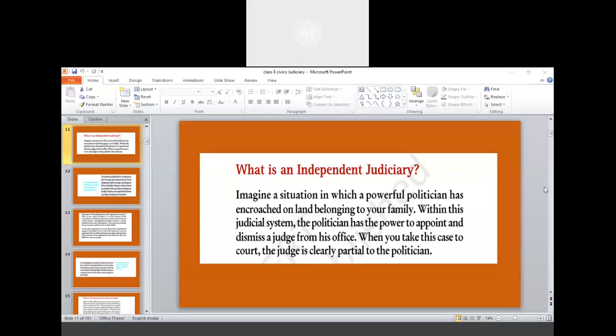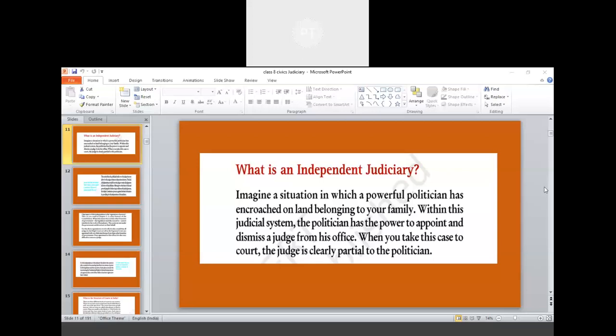So out of the three organs of the government, the two organs, legislature and executive, are interdependent, whereas the judiciary, the third organ of the government, is independent.